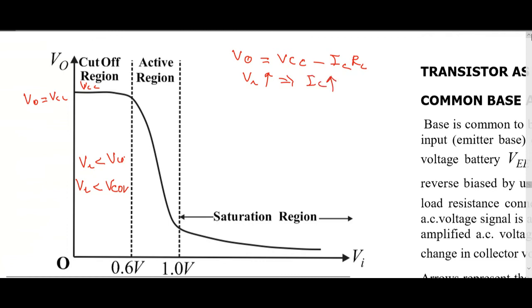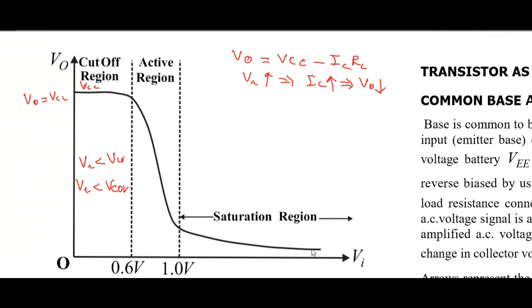Upward arrow represents increase. And from the above relation, VO takes a downward trend like this. And this region is the active region. Active region is over which we operate the transistor. This is cutoff region, this is active region, and now this is the saturation region.